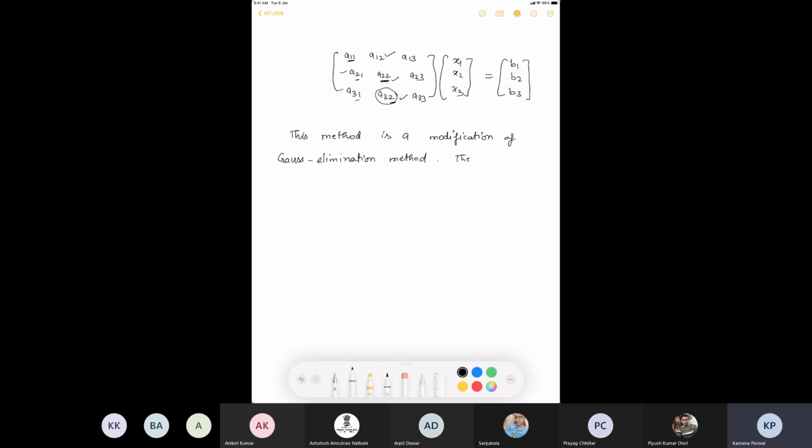And the difference from Gauss elimination is that in Gauss elimination, we eliminate the variable from the rows below the pivot equation.